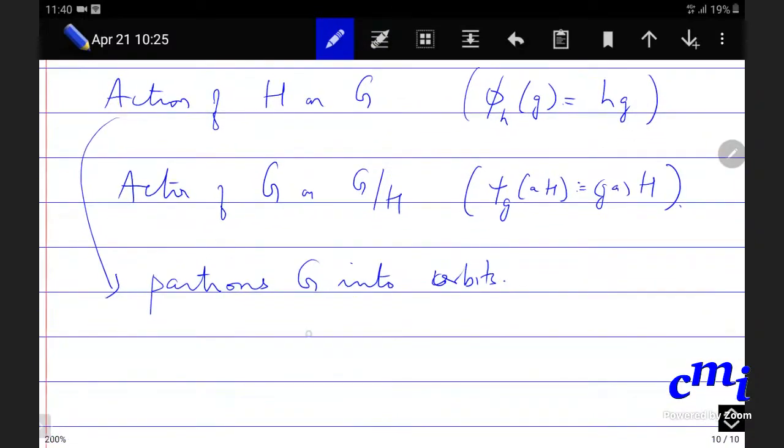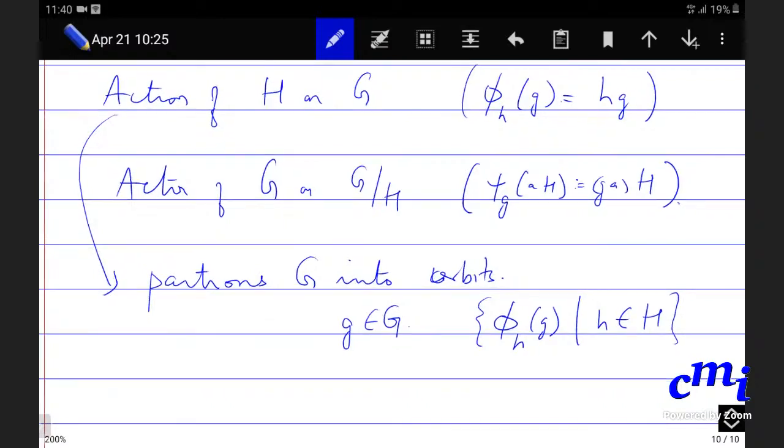Let me just explain. So what are we saying? We are saying that some G is inside here, okay? And then we want to look at the set phi H of G as H varies inside H. That's what the orbit means, right? You take an element of the set and let the group run over it and get to every possible place. That's the orbit, right?